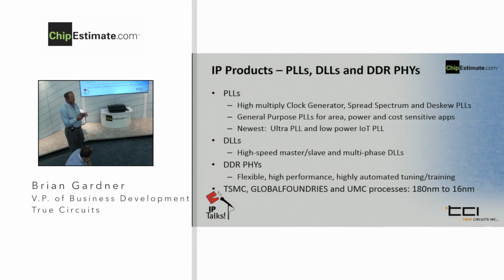We have what we call a general purpose PLL, which is smaller, lower in power, and actually less expensive to license. And then we have two new PLLs, an ultra PLL that I'll talk about a little bit more, which has very high multiplication and very low jitter. And then we did an IoT PLL, which is much lower in power, that can run off 32 kilohertz.